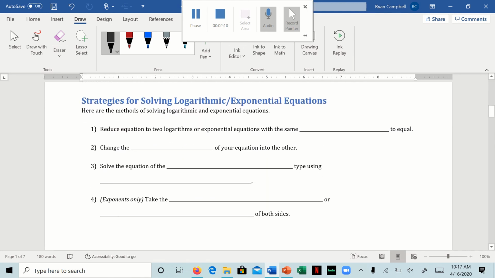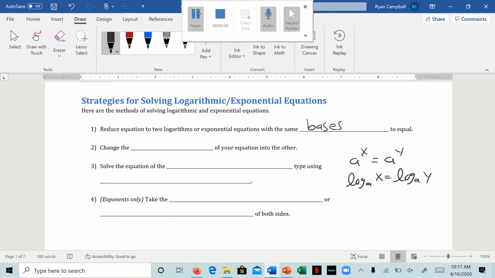All right, so here are four strategies when trying to solve logarithmic and exponential equations. Number 1: we can reduce the two logarithms or the two exponentials with the same bases to equal each other, so base to a power equals the same base to a power, or log base a equals log of the same base.